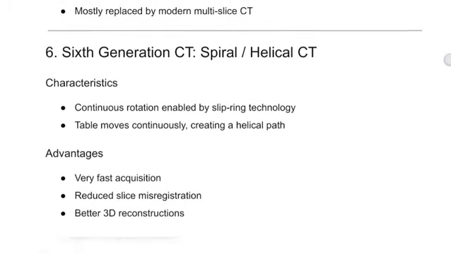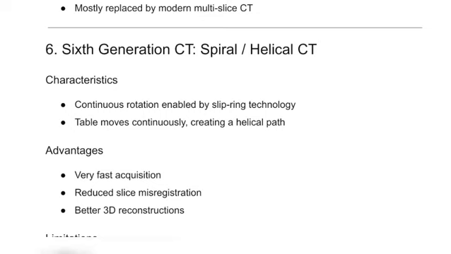Next is the sixth generation CT scanners. It is also called spiral CT or helical CT. It has a characteristic of continuous rotation, which is enabled by slip ring technology, and the table moves continuously, creating a helical path around the patient.